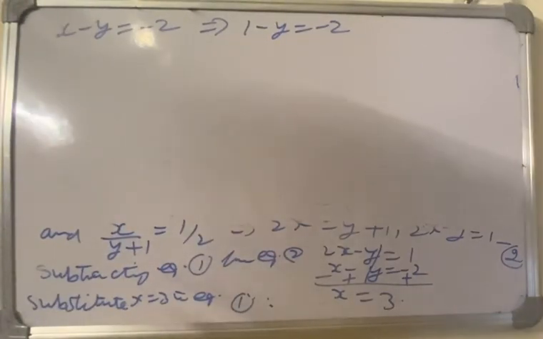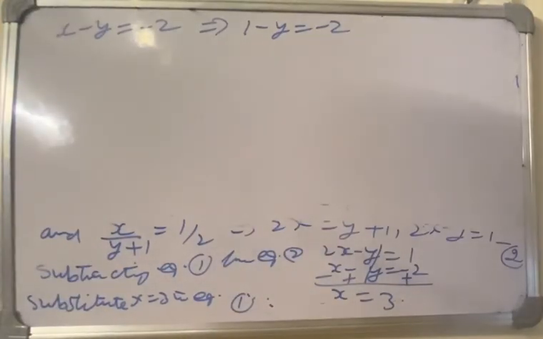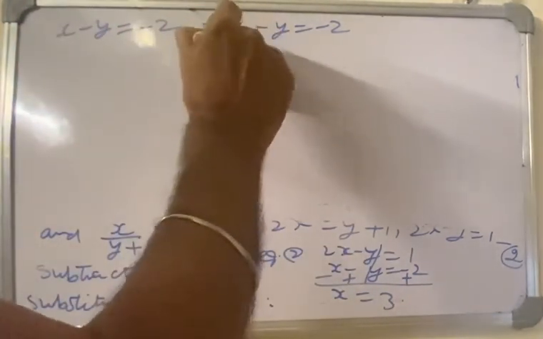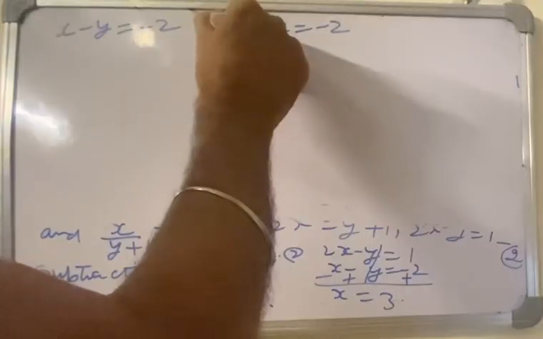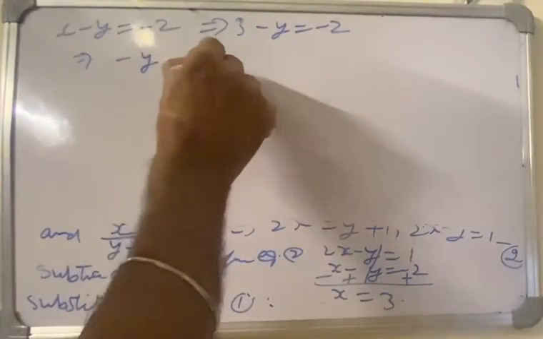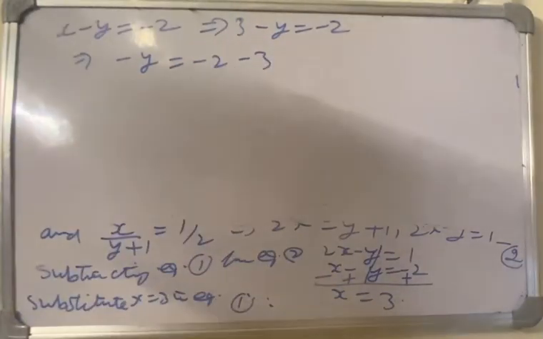Sorry, the value of x is 3. Therefore, minus y is equal to minus 2 minus 3.